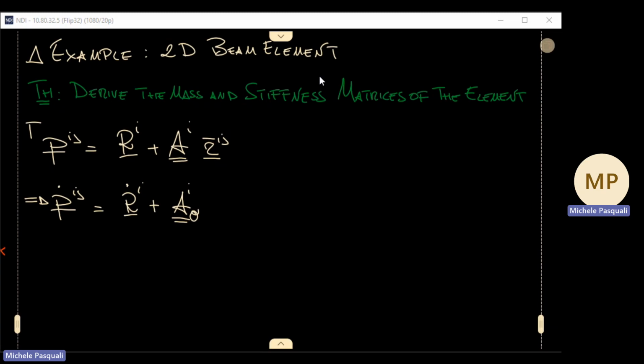We already did it in the 2D case: R ij over bar theta dot I plus A n ij b2 I qf I dot.